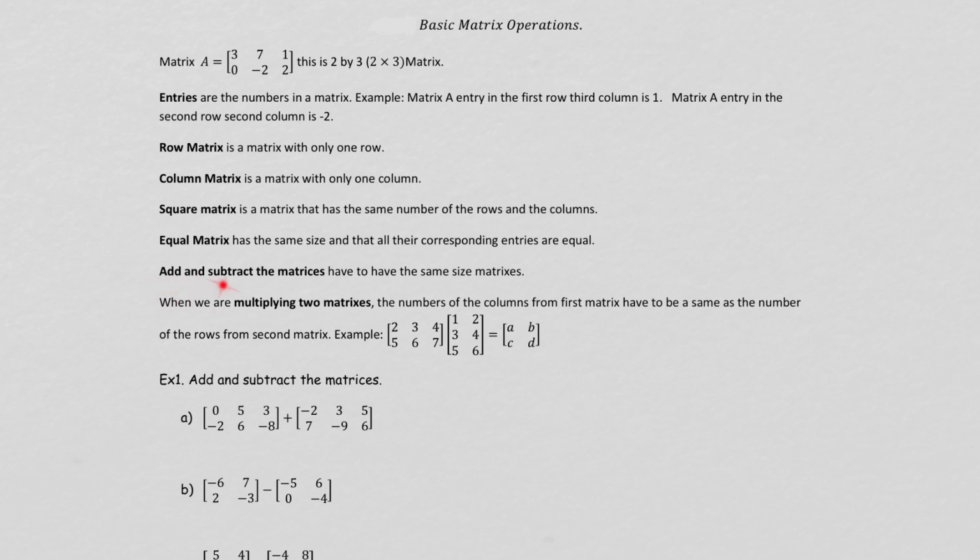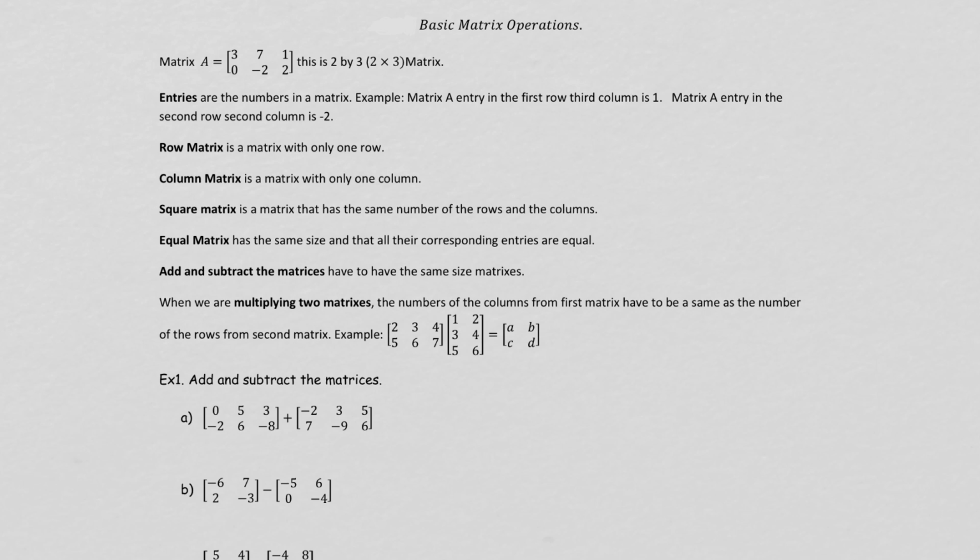In order to do addition and subtraction of matrices, you have to have the same size. Multiplying two matrices, the number of columns from the first matrix has to be the same as the number of rows from the second matrix.